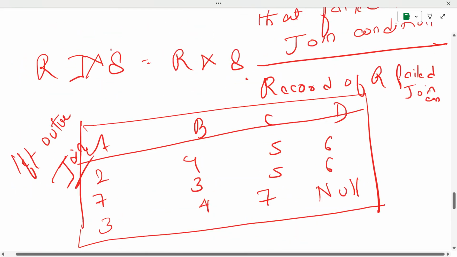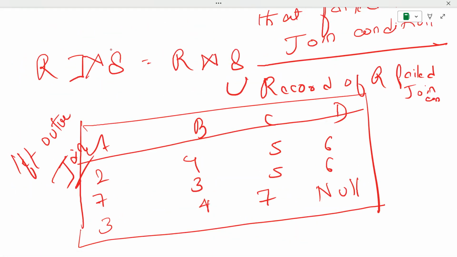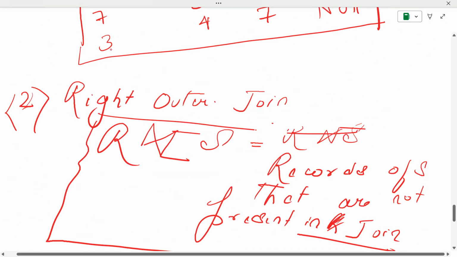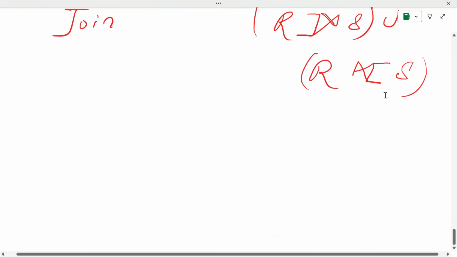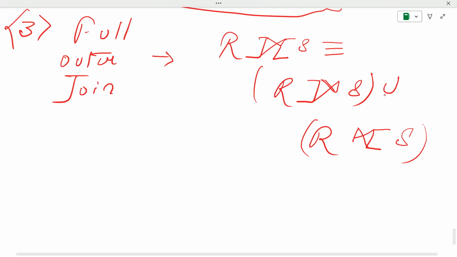So yep, this is regular join, union, records of R that failed the join condition, and this is our right outer join: regular join, union, records of S that failed the join condition. And this is of course the combination of these two.